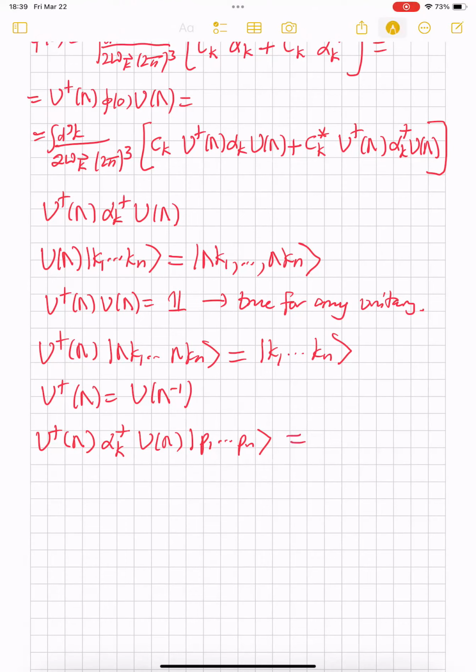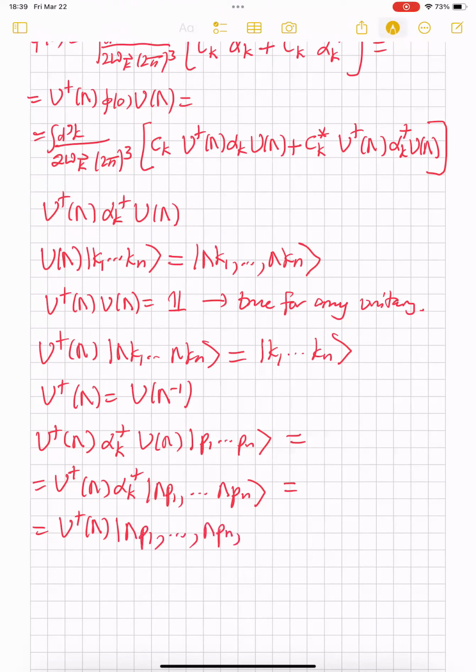In the first step, u of lambda simply performs the Lorentz transformation. So we get lambda P1, and every four-momentum is transformed. Then alpha k dagger adds a particle to the state, and the particle that is added has a momentum k.